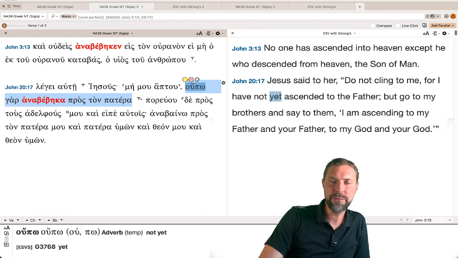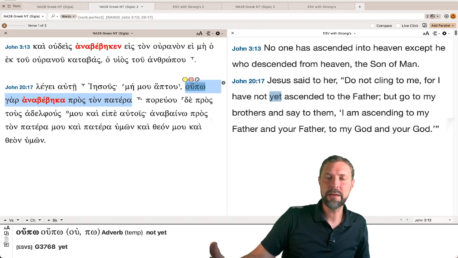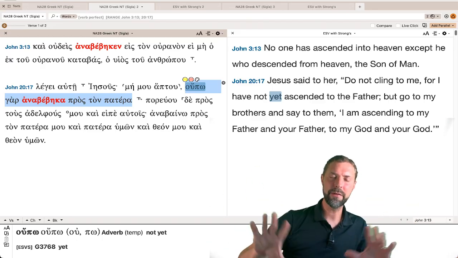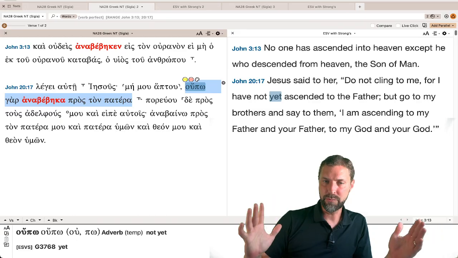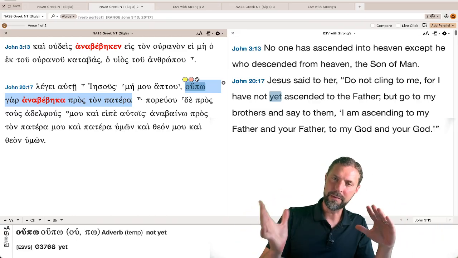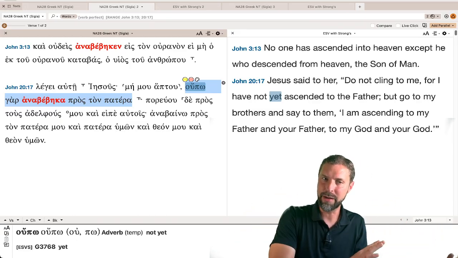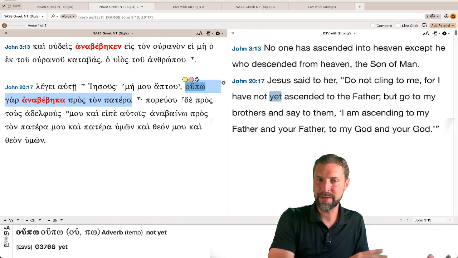This could be a case for the third category that Plummer gives, which is just past action from a holistic perspective. So in that idea, it would be the whole idea of having ascended, that whole concept, shifted into the past. This has not yet happened.